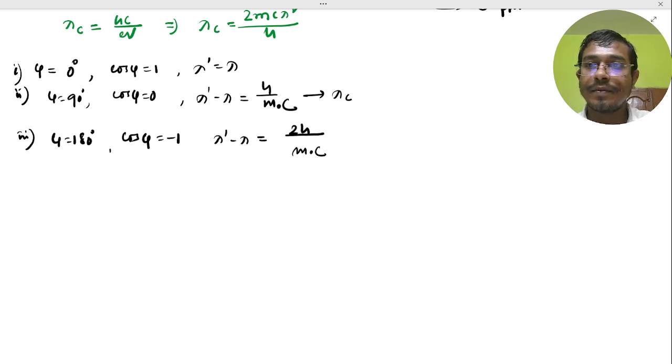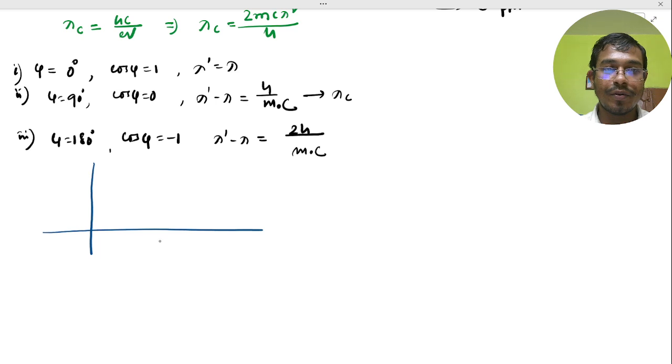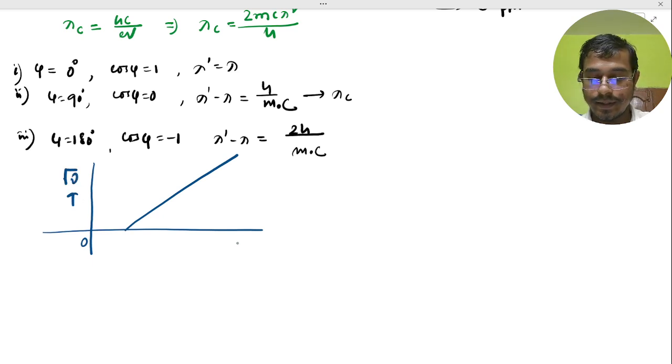Another very important topic for MCQ is Moseley's law. Basically, this is the origin, and this is the graph for root nu, where nu is the frequency of K alpha X-ray, Z is the atomic number, and nu versus lambda.